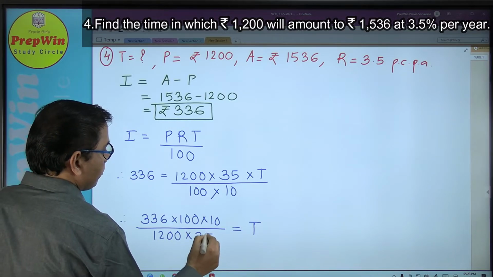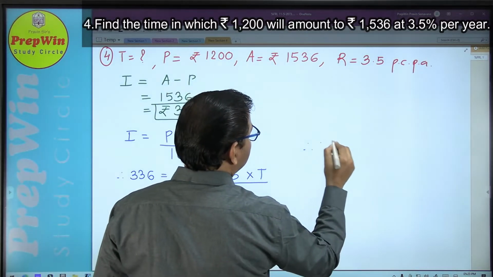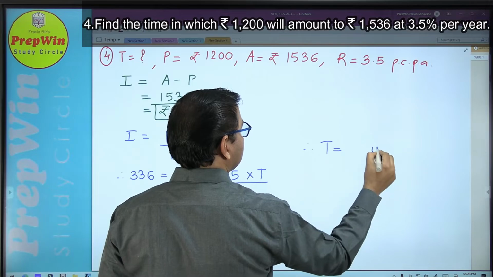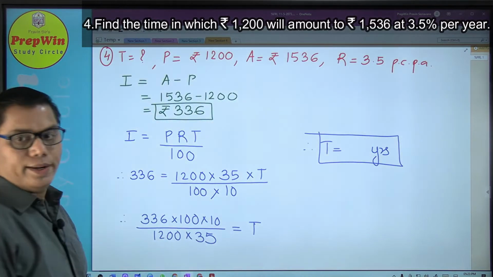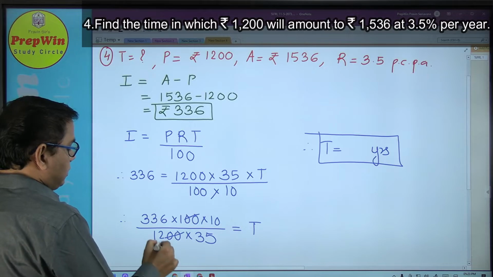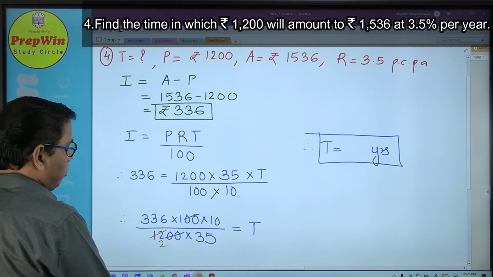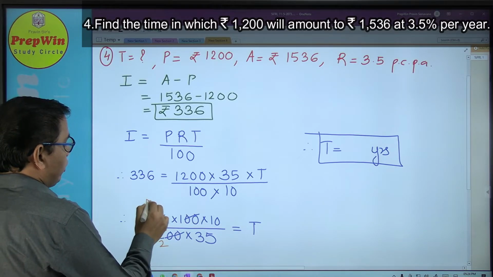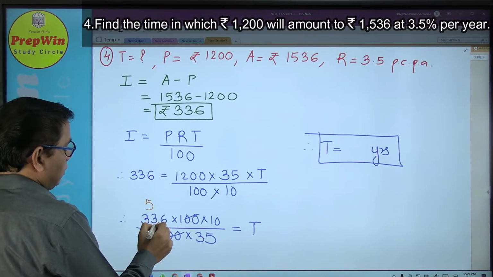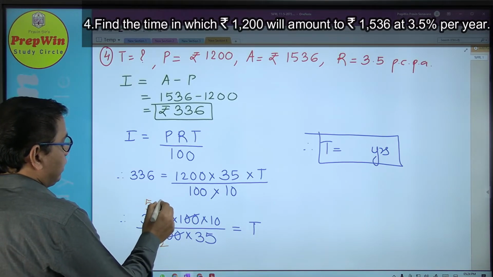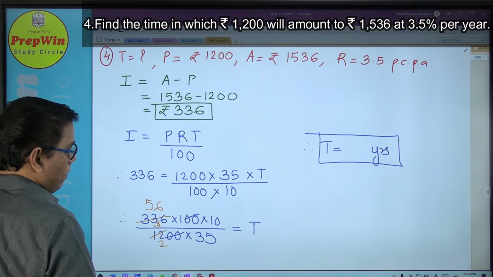1235 comes here. Tell me what is the time period? How many years? Anybody got it? What we will take, 6 into 2 is 12. 6 into 5 is 30. 33 minus 30, remainder is 3. 6 into 6 is 36.